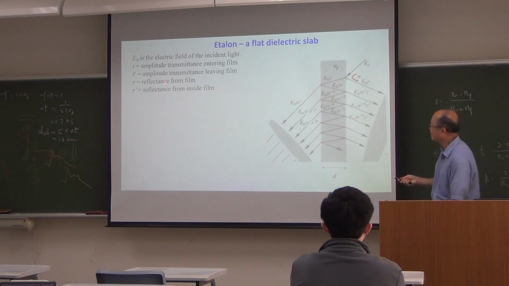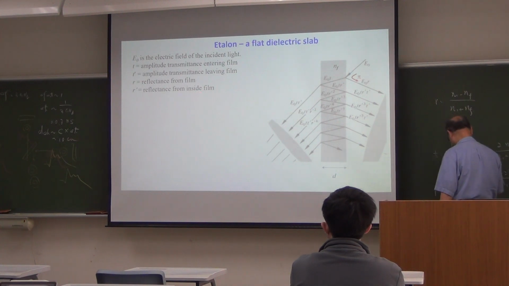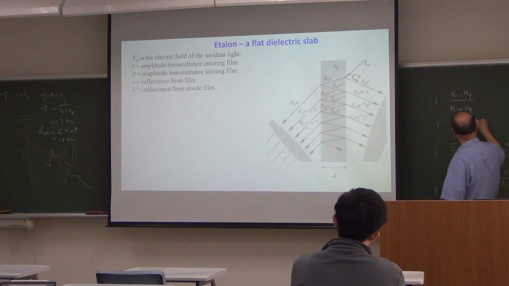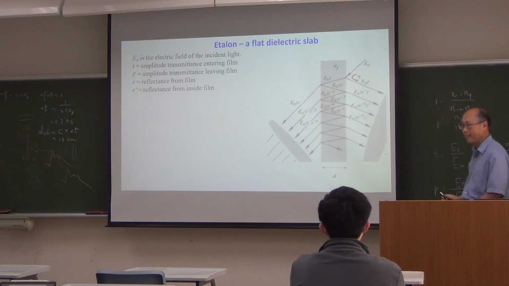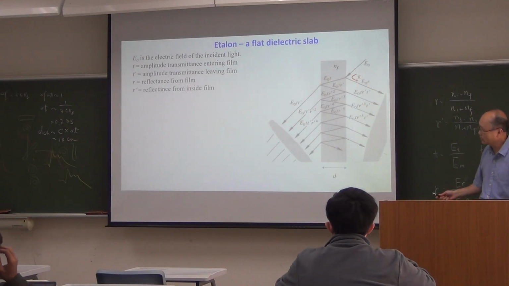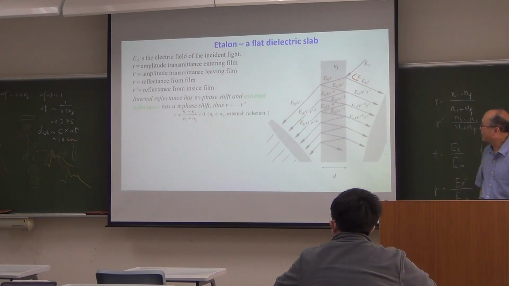That is the reflectance from the film. And r prime is the reflectance from inside the film. So r prime is equal to (nf minus n1) over (n1 plus nf). And there's a certain relationship between r prime and t prime. This is something that you need to keep track of. But with these definitions, we can start to calculate.